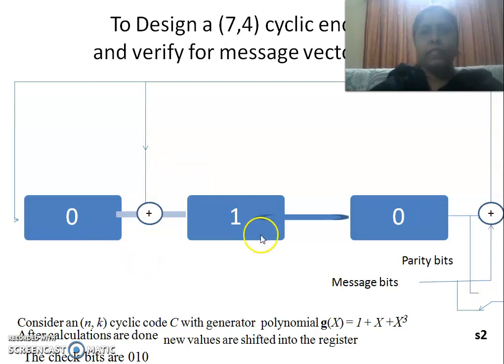The remaining bits in the shift register are called check bits or the parity bits, and these bits now need to be connected to the output through switch S2, and these bits will be sent out one by one serially.